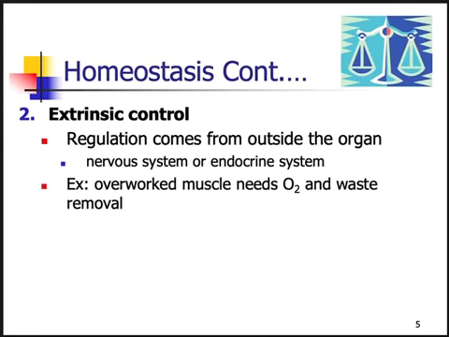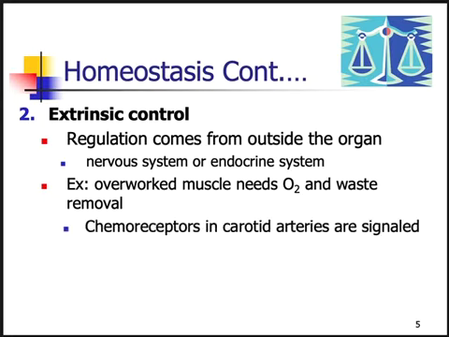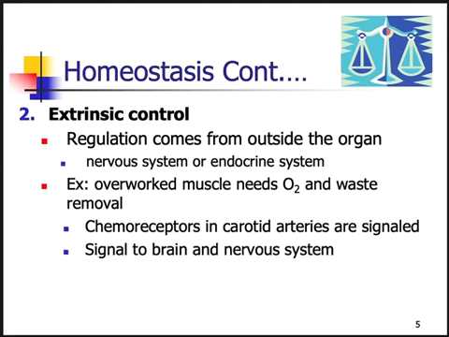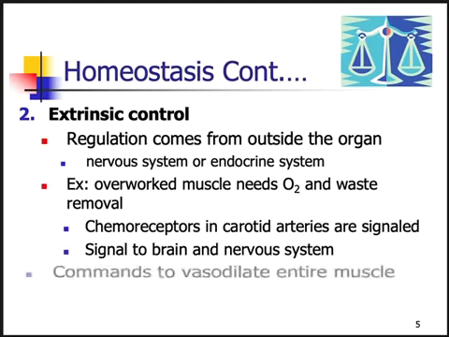Okay. So again, using an overworked muscle as our example, it's needing oxygen and it needs to get rid of waste. And so this extrinsic control would involve chemoreceptors in the carotid arteries receiving this signal that oxygen's low, waste is high, and that's going to signal the brain and the nervous system to respond to this problem.